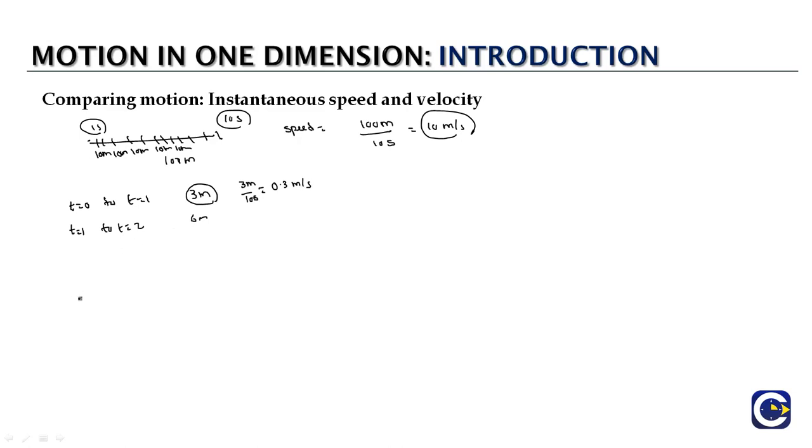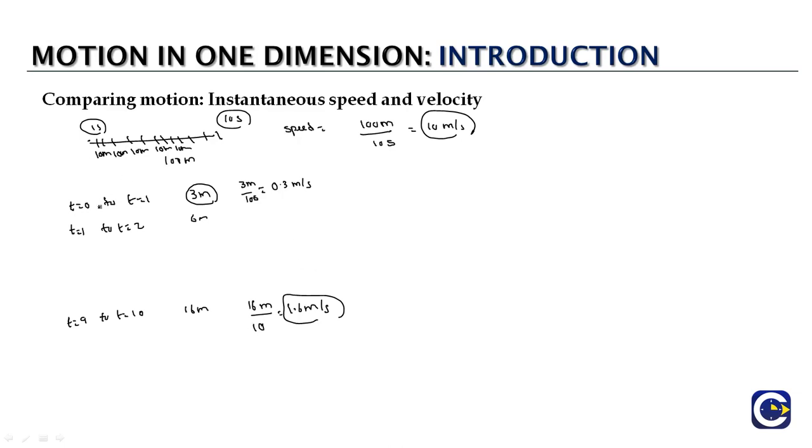If you go to, say for example, the last second of the journey, which is t equal to 9 to t equal to 10, he may cover a distance of even some 16 meters, which means his speed in this will be coming as 16 meter per second. Now the thing that we are trying to understand over here is the motion of the particle in the entire journey may not be having a constant value of speed. It may keep on changing.